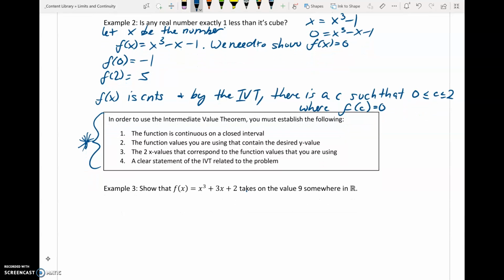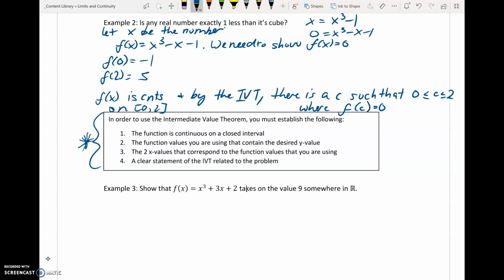So what we just did here, we actually used this as our guideline to use the IVT properly. The function is continuous on a closed interval. It's stated here that f of x is continuous, and you could also even add on 0, 2. The function values you're using contain the desired y value. So that's over here.